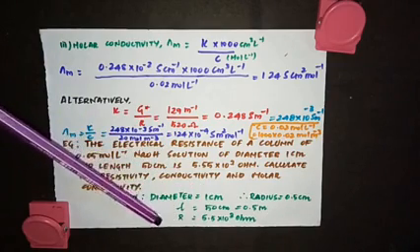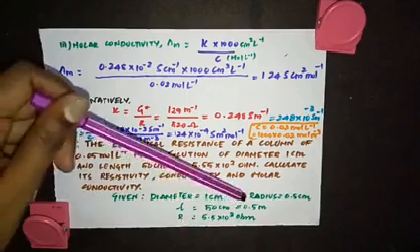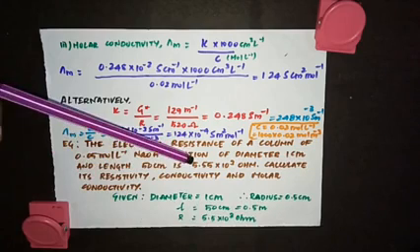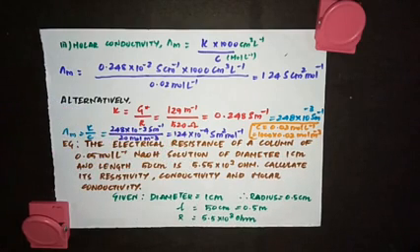Now I'm going to express all the values in meters. So I'm going to change 50 centimeter into 0.5 meter. The resistance is given as 5.55 into 10 to the power 3 ohm. Now let's calculate resistivity, kappa and molar conductivity in terms of meter.